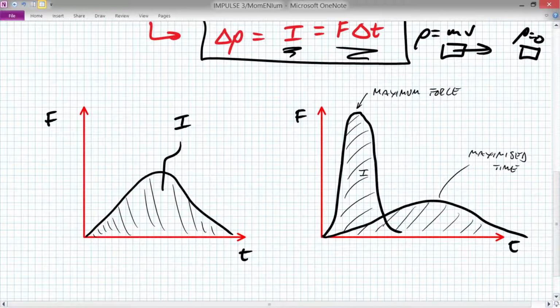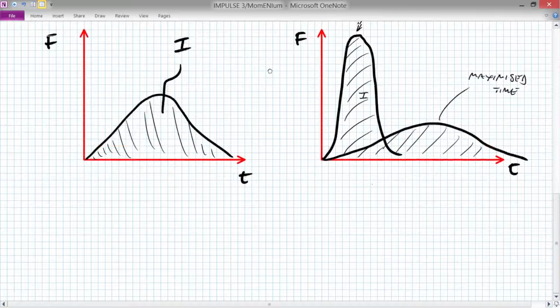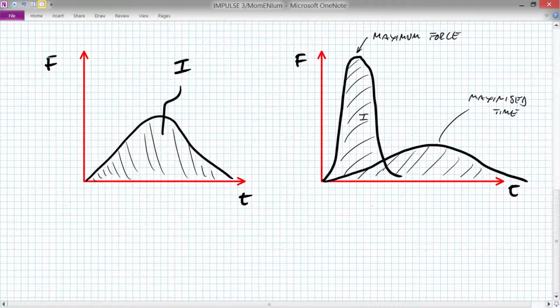And something else from this is that we can look briefly at an average force. Obviously in each of these graphs we have some maximum force in each case, but we might at times be interested in talking about, on average, what is the force applied over the whole of this collision?